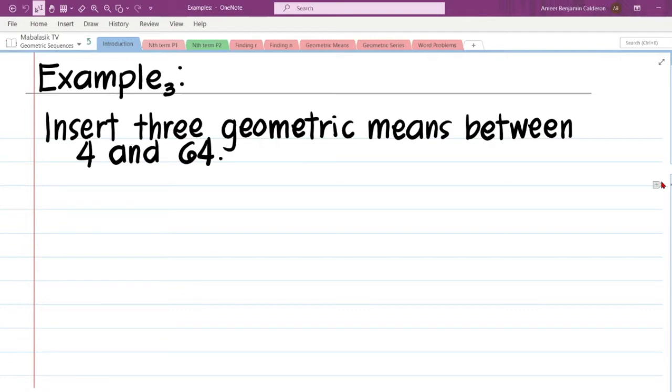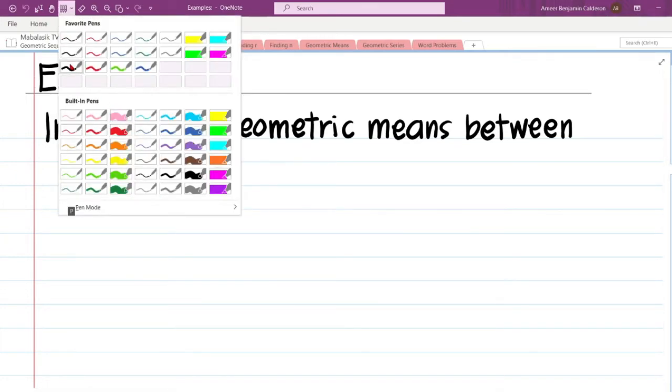And one of those methods is to find the common difference, and then from the first term, we just add the common difference until we get the required number of arithmetic means. That's what we are going to do here. It's just this time around, we are going to solve for r. And then from the first term, we just multiply until we get the required number of geometric means. So let us do that.